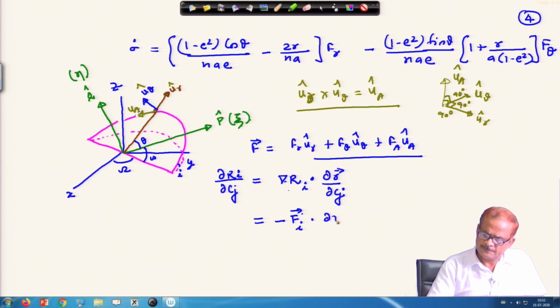and then of course, we have dou r by dou C j, and what we were trying to do is find out this quantity, because f is already described here in this format. So, we have to find out dou r by dou C j, and once we do this, we can take the dot product and this quantity will be available to us.